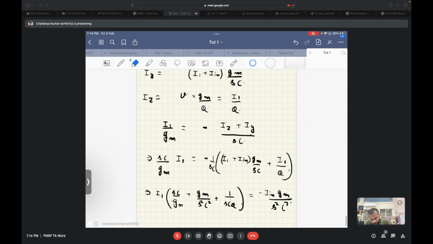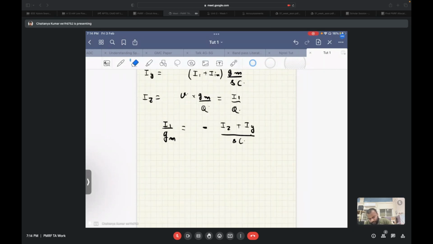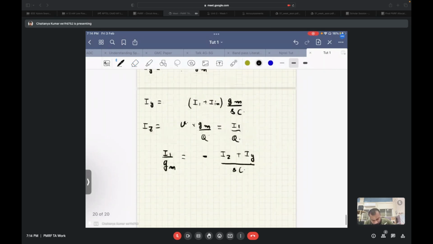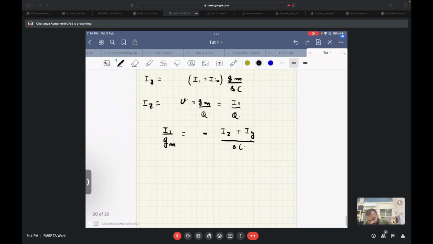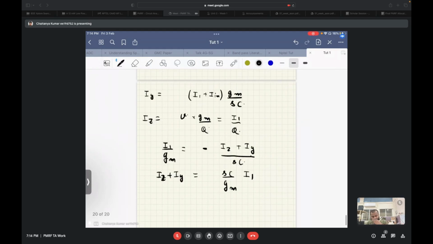Till this point it was correct. So we knew that I1 by GM is equal to minus of IZ plus IY by SC. So IZ plus IY is equal to SC by GM times I1.